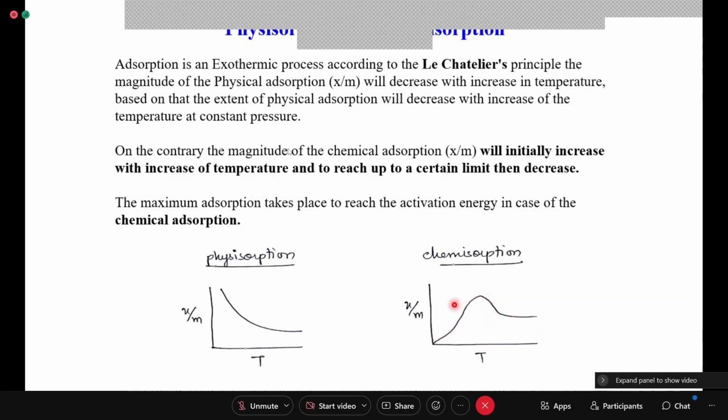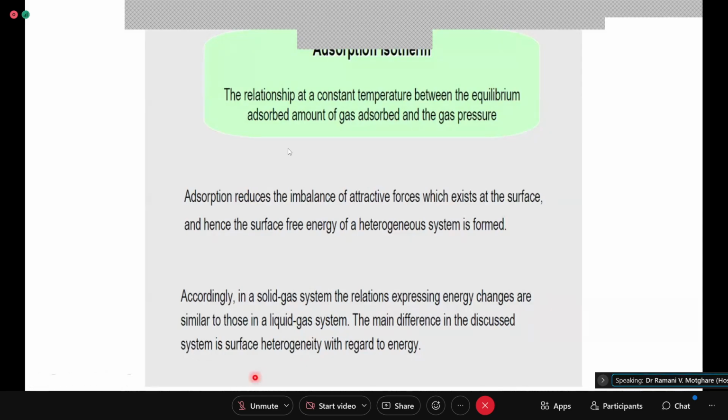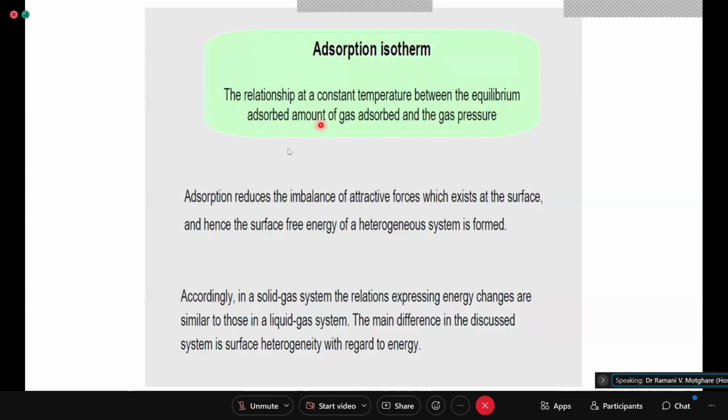Okay. Then what is an adsorption isotherm? When you correlate the amount adsorbed with the concentration or pressure of gas, it is termed an adsorption isotherm. So the relationship at a constant temperature between the equilibrium amount of gas adsorbed and the gas pressure is termed an adsorption isotherm.